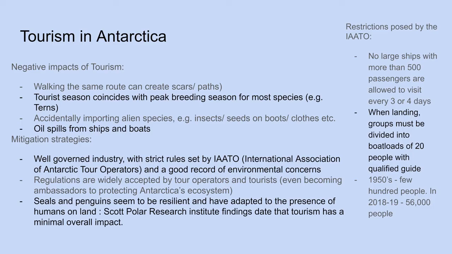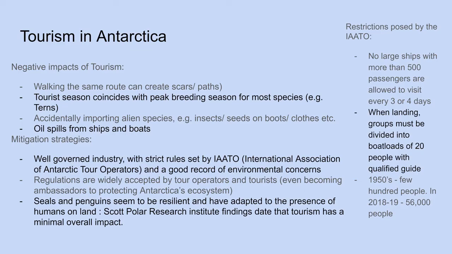Okay. So also some negative impacts would be accidentally importing alien species, for example, insects and seeds on boots or clothes, and oil spills from ships and boats as they travel to Antarctica.